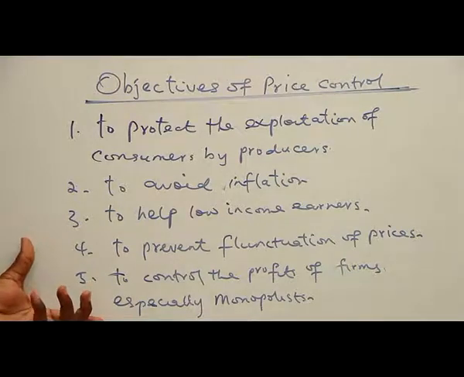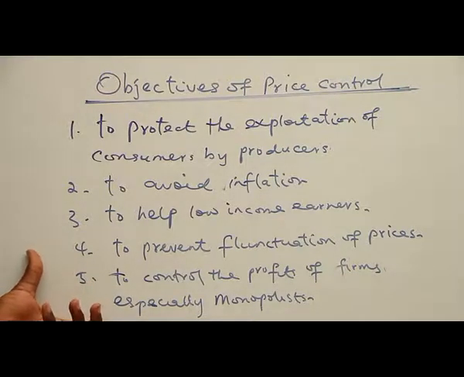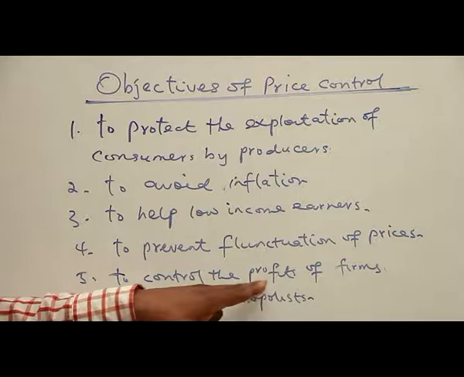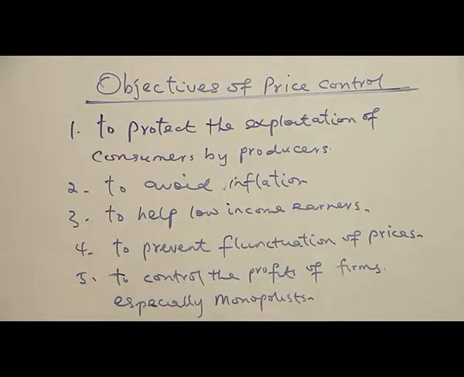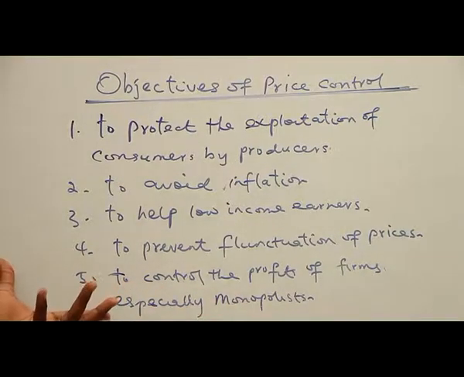But government tries to put control into prices so that it will affect the profit of the firm. By doing that, the firm will not just be exploiting or changing prices anyhow they like. So by having price control, they are trying to control the role of monopolists in an economy.